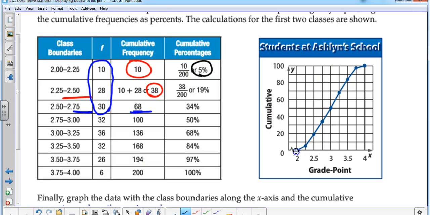All right, so at 2 there was 0% because we didn't have a percentile yet. By 2.25 we were at 5%. Then by 2.5 we were at 19%. By 2.75 we're up to 34% and so on, okay? 97%, we added these 6 people in and we hit 100% of the people.